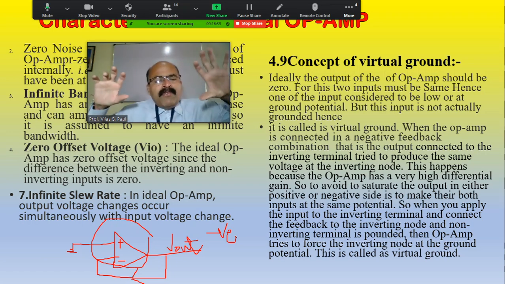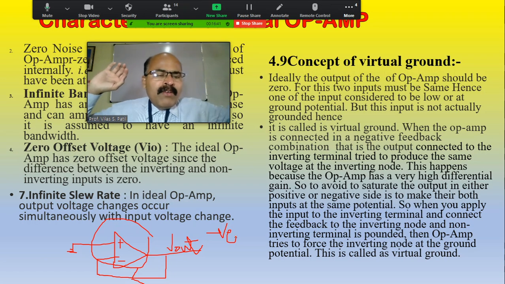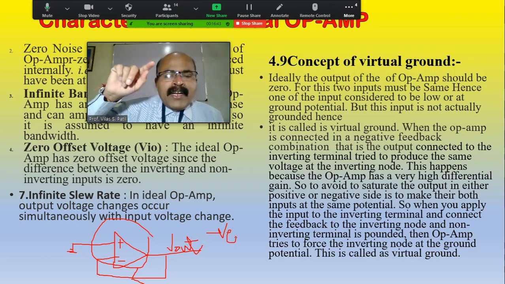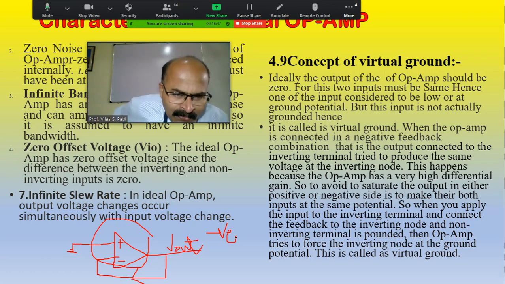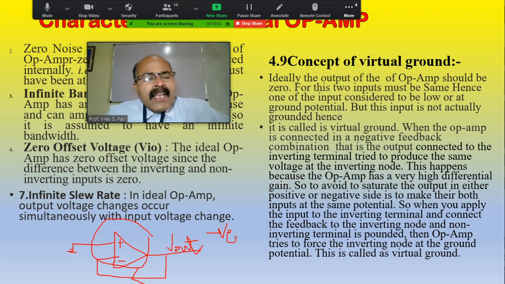A phase shift will occur. If the input at the non-inverting input is a positive half cycle, the output of the operational amplifier will be in the negative half cycle. It means that here negative feedback is achieved.